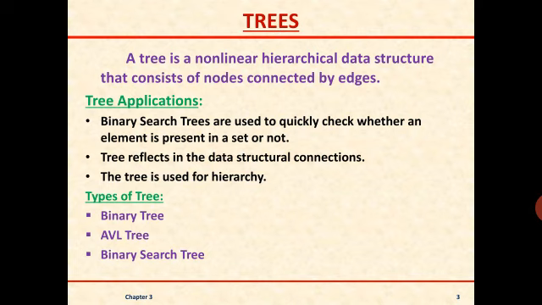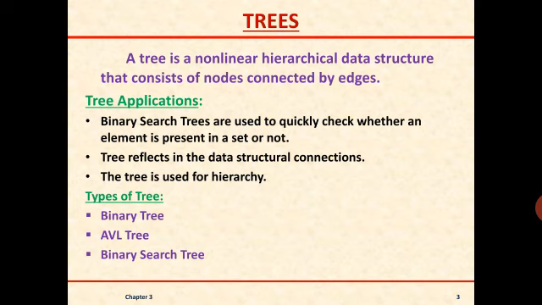First, a binary search tree is used to check whether an element is present in a set or not. Second, a tree reflects the structural connections of data, it has several connections and shows those connections. Third, it is used for defining hierarchy. Hierarchy means various levels can be shown with the help of trees.